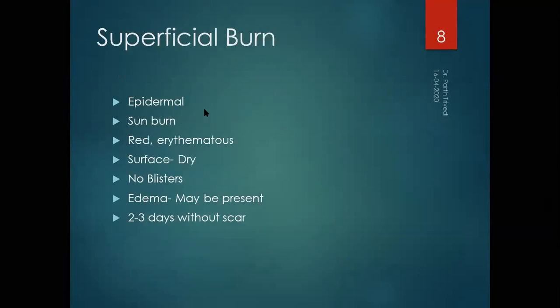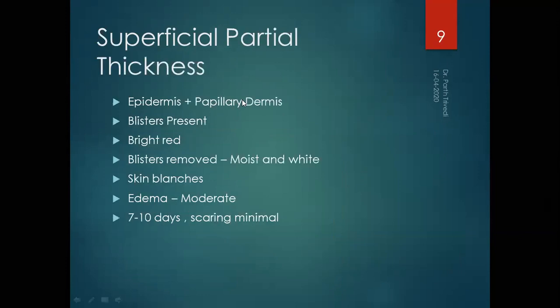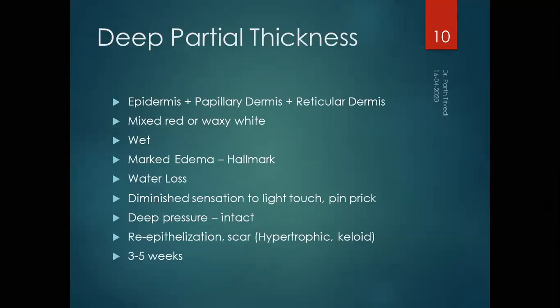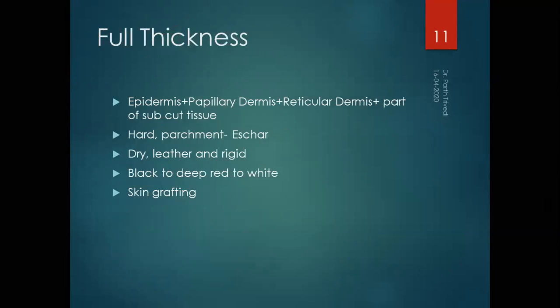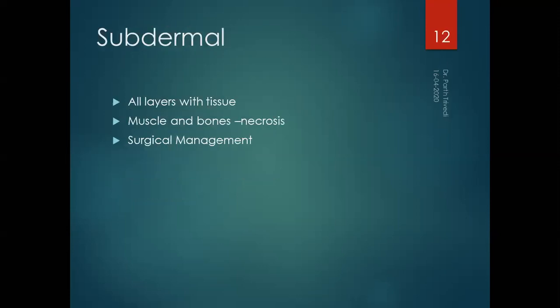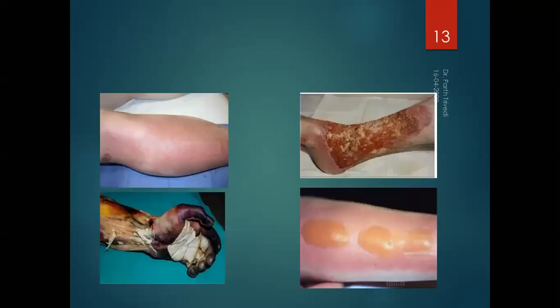Superficial burn is epidermis. Superficial partial thickness is epidermis plus papillary dermis. Deep partial is epidermis plus papillary dermis plus reticular dermis. Full thickness is epidermis plus papillary dermis plus reticular dermis plus part of subcutaneous tissue. And subdermal burns involve your muscles and bones, which causes necrosis.